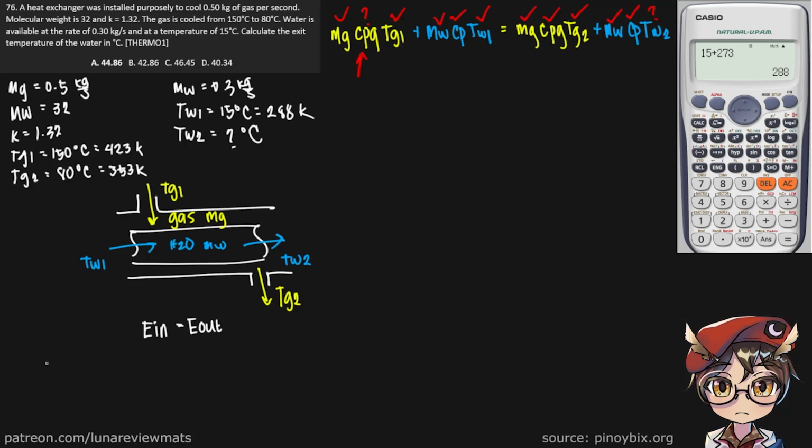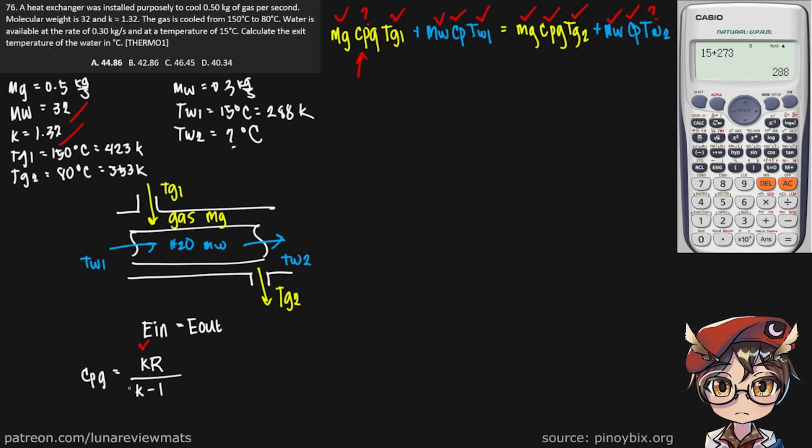In order to find our Cpg, we will need to use the molecular weight and the Boltzmann constant. So the formula for that is Cpg is equal to kR over k minus 1. Now keep in mind this is the individual gas constant, so we can't use the universal gas constant.